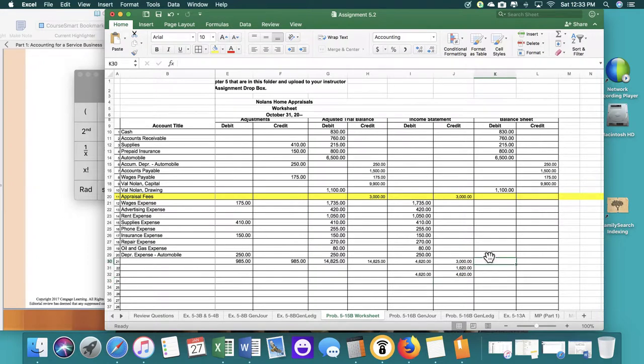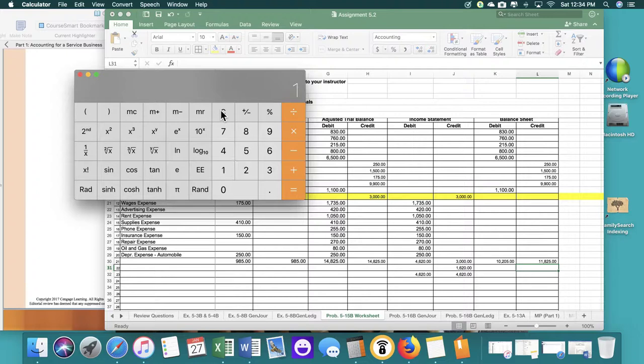So now we got to total the amounts from the balance sheet. Again, I'm letting Excel do the work for me. Okay, in this case, the net loss should match what we already have.